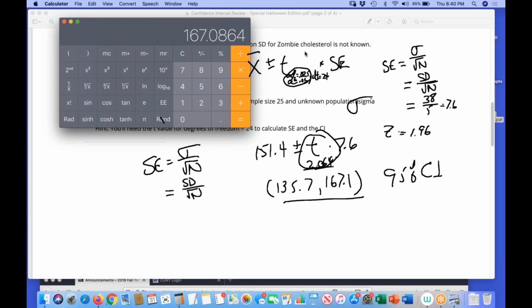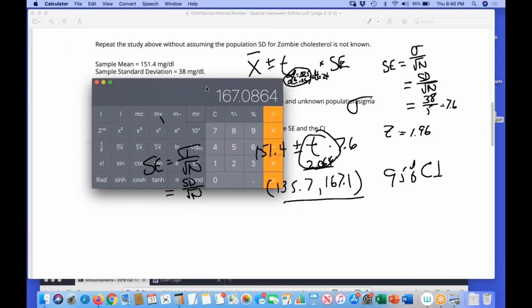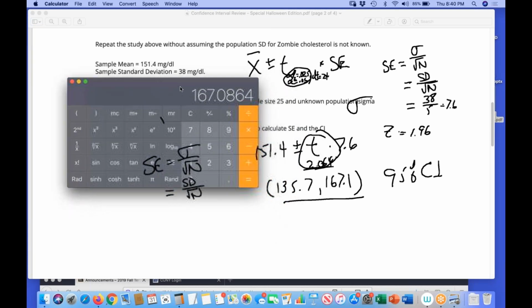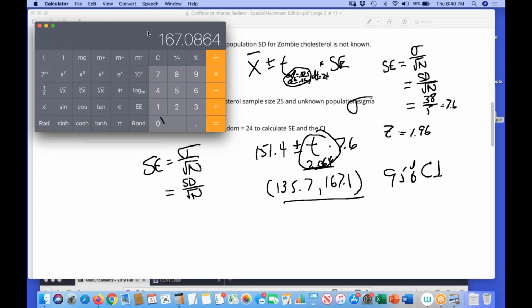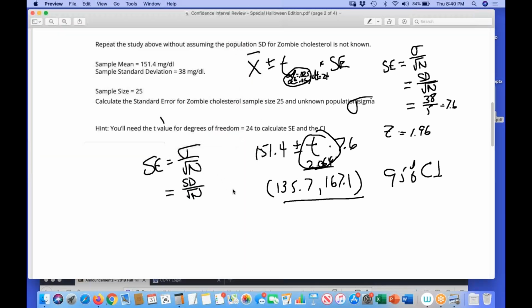We were told up at the top that the standard deviation of the sample happened to be 38. Remember how we got it? We took the 25 numbers in Excel and found the standard deviation, just like we would find a mean for that sample, as opposed to the entire population.